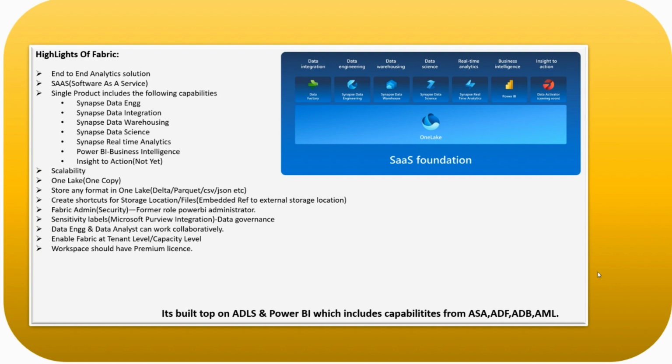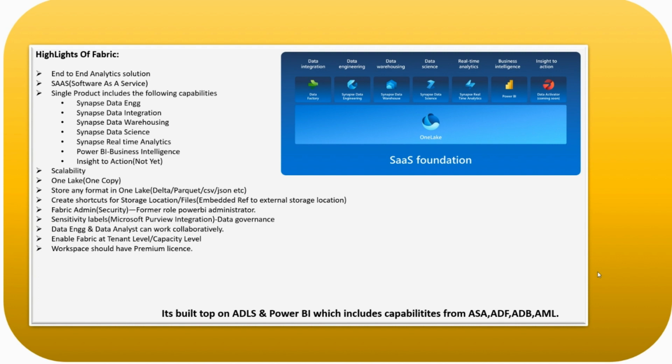And when it comes to Fabric, we can enable it at a tenant level and also at a capacity level. So what is tenant level and what is capacity level? When we say tenant level, at the organization level I can enable Fabric so that it is applicable to all the people who sit under the organization, and they can go and play around.